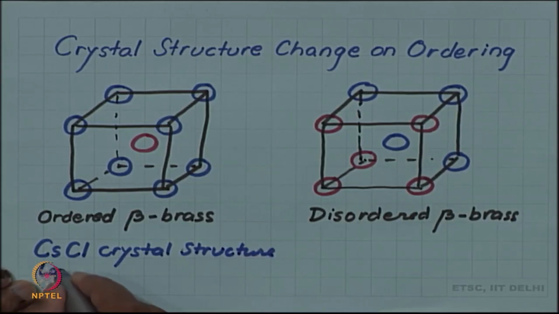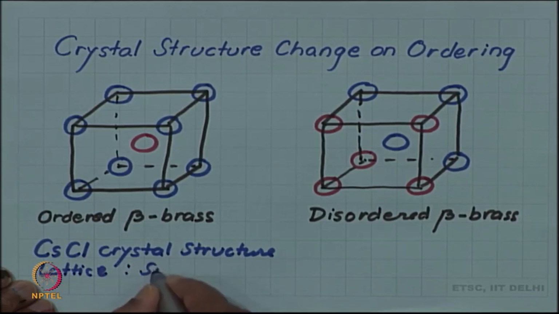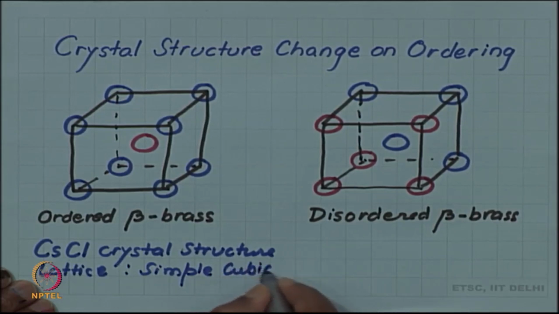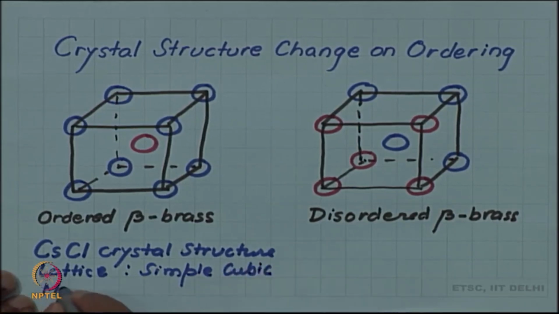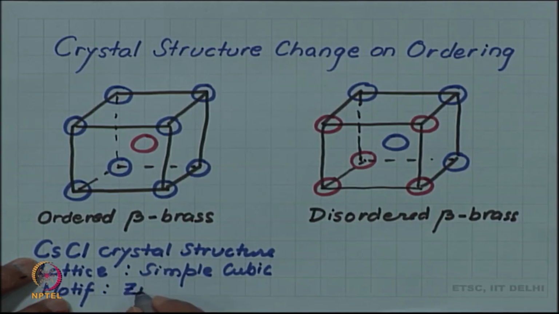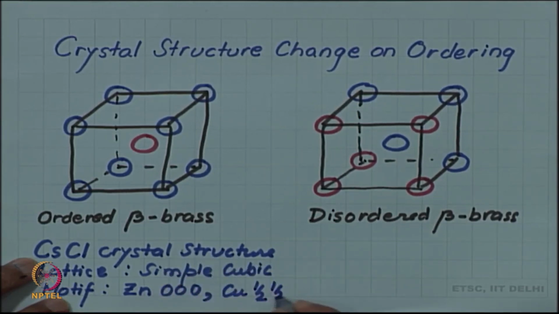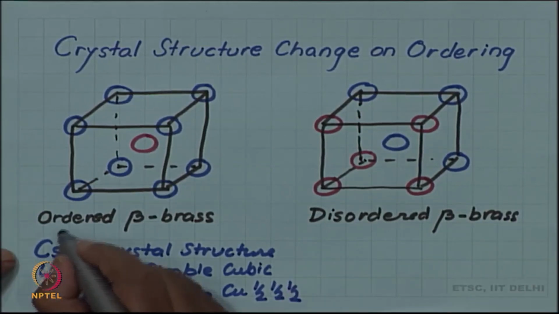The lattice in this case will be simple cubic, and the motif will be the way I have drawn. Zinc is at the corners, so zinc at 000 and copper is at the body center, so copper at half half half. So, that is the structure of ordered beta brass.